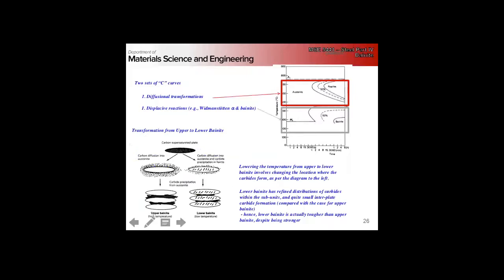And as we lower the temperature, we go from a regime where we're growing upper bainite to a regime where we're growing lower bainite.